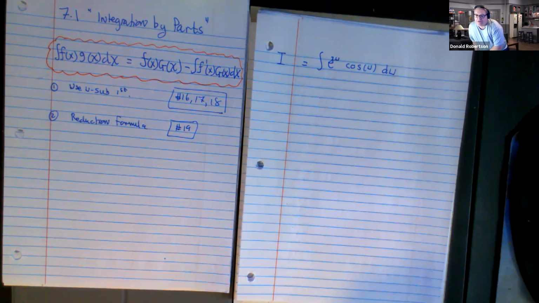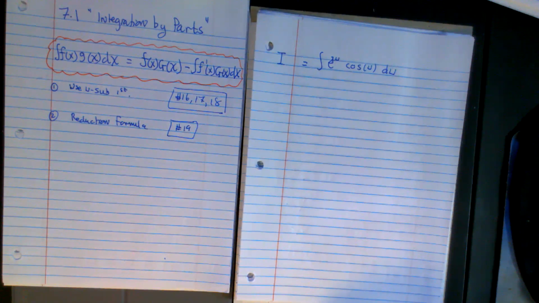Is this going to be a U sub, even although I'm using the letters U? Is this going to be a U sub, or is this going to be an integration by parts? What's your gut feel? Those are the only two choices I'm giving you because it's one of those two.